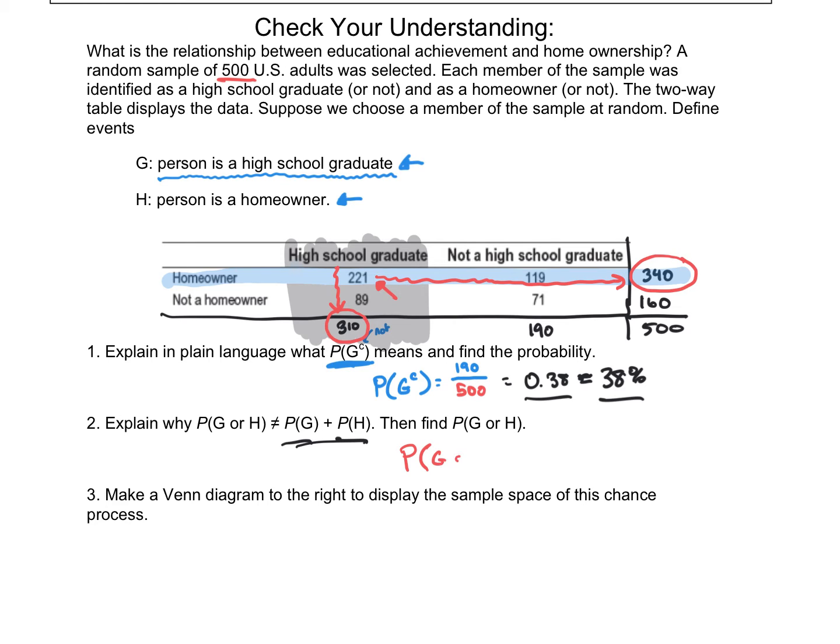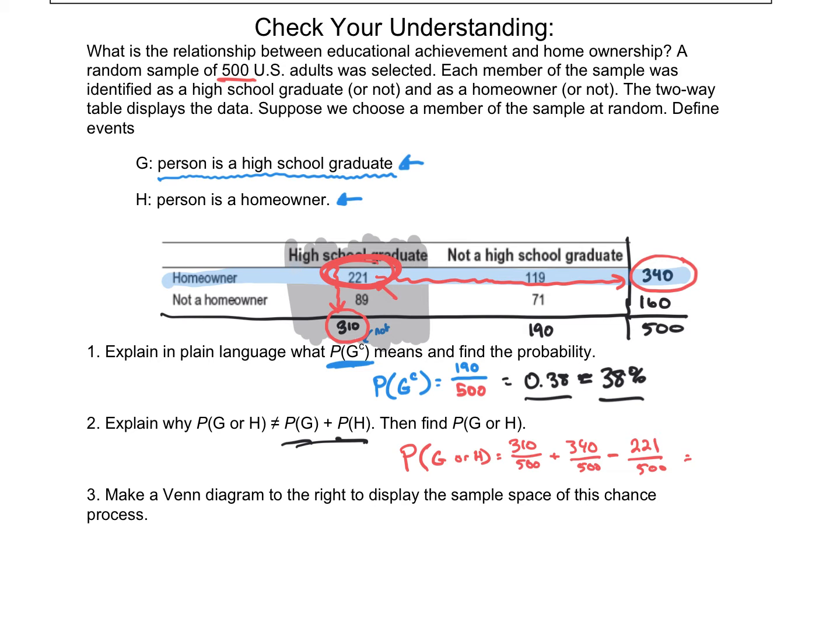Probability of G or H is equal to the probability of G, which is 310 over 500, those people, plus the probability of H, that's going to be 340 over 500, minus the overlap. That is these people, right? And really, what is the actual addition rule trying to do? Not let you double count those people, 221 over 500, right?